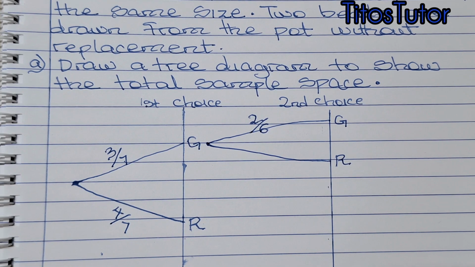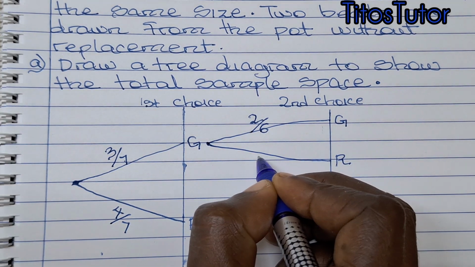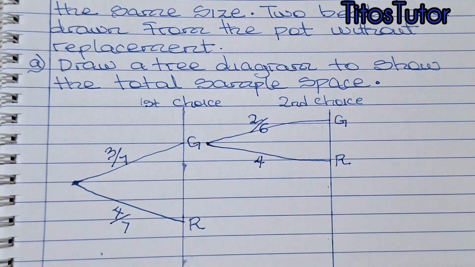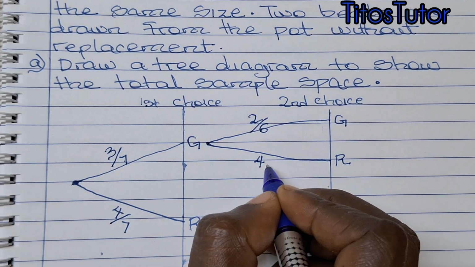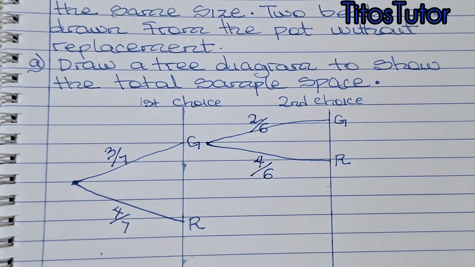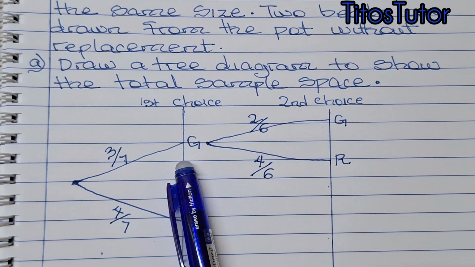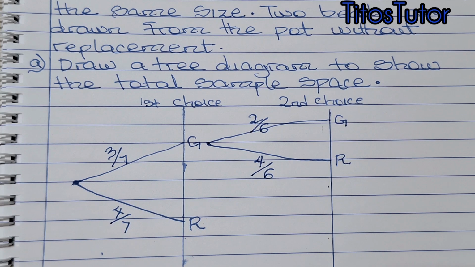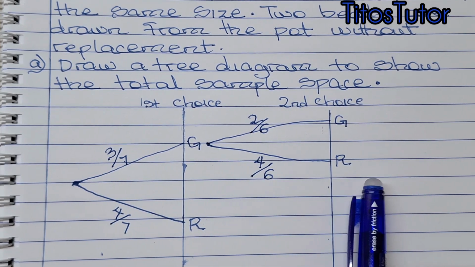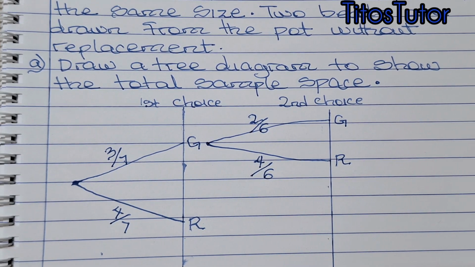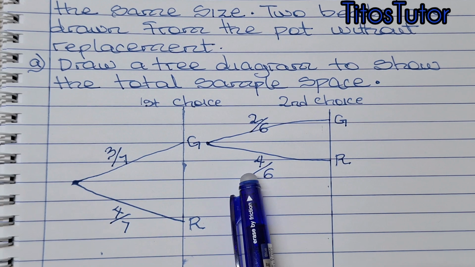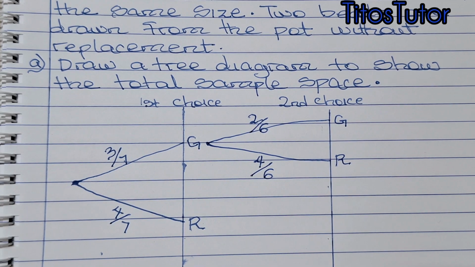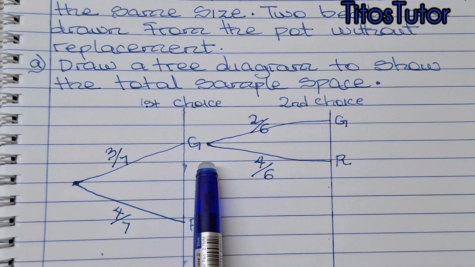So I didn't choose a red. So for the second choice, my red is still 4, but my sample space is now 6 because I didn't replace the green I chose at first. So that's why the probability of choosing a red for my second choice is going to be 4/6.